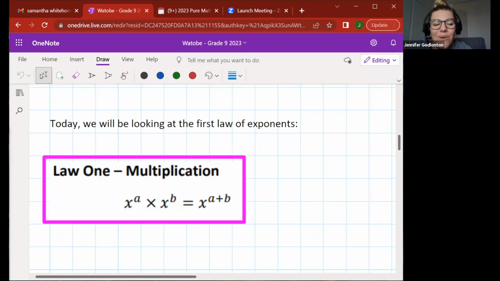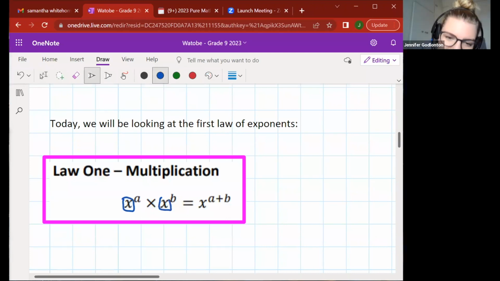Okay, so law 1 is multiplication, and that's saying that when the bases are the same, so remember when we just spoke about what a base was, it was the 5. In this case, the x over here and this x over here, those are our bases, because the a and the b, those are our powers or our exponents.